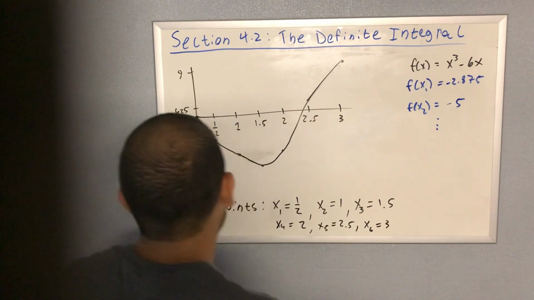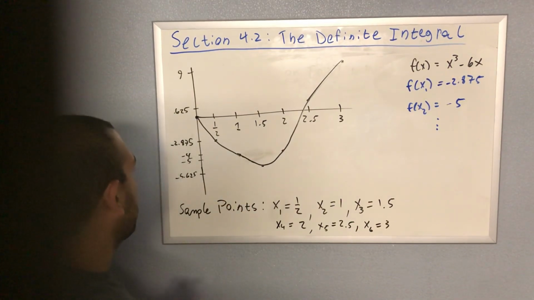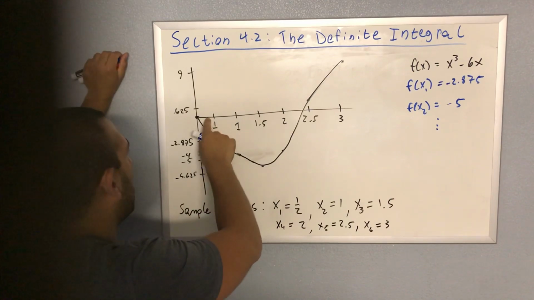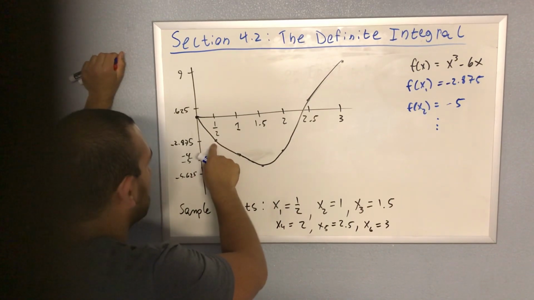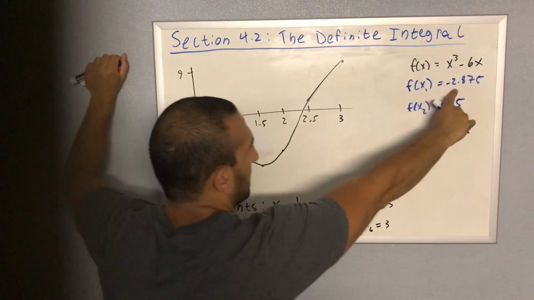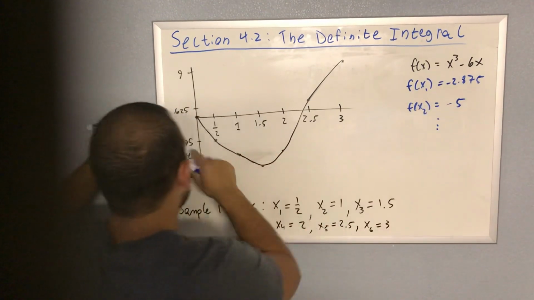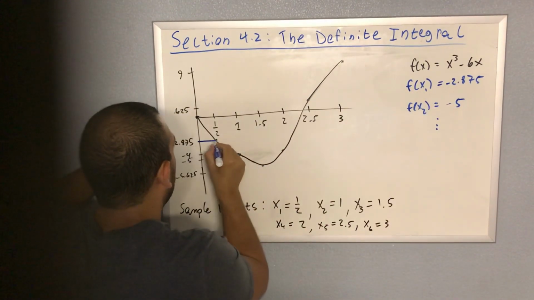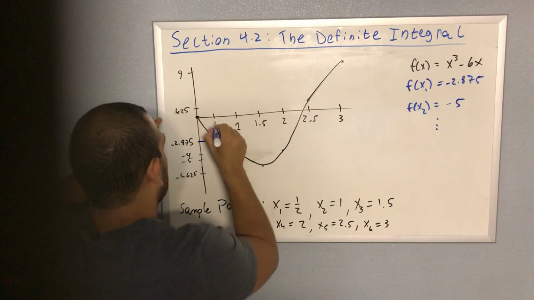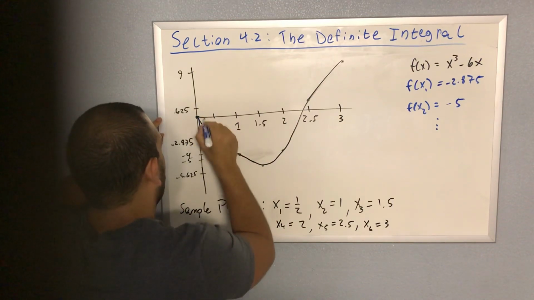And so again, the width of the rectangle is 1/2, but the height we're going to use is exactly f of x1. So the height of the rectangle that we're going to use is this. So width of 1/2, height of that. So this is the area that we're getting right here.